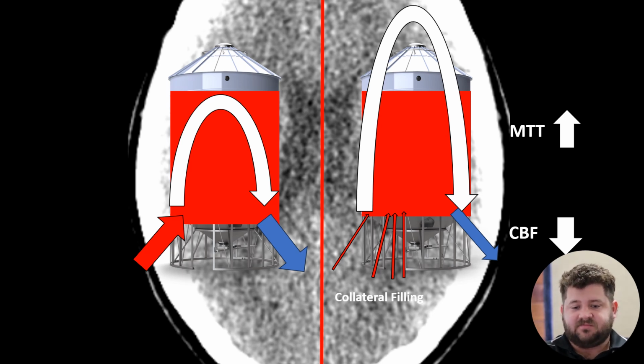So to keep this blood volume high, even though we know we've got a bit of a reduced CBF, it could be that collateral vessels are actually helping to fill this particular bit of brain tissue, and again, helping to keep it salvageable. So these are all things we're looking at to look at the better outcomes possible if we go and retrieve that clot and restore our flow to the brain.